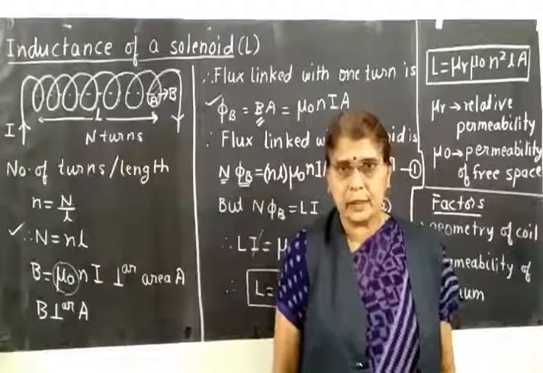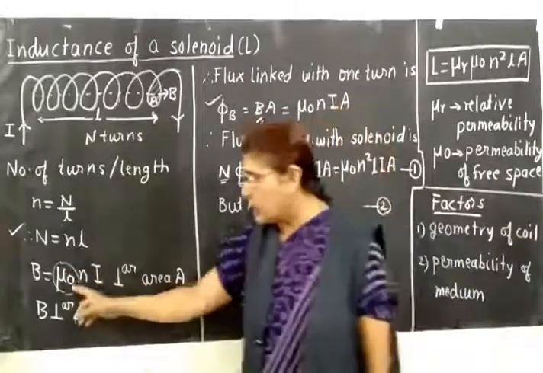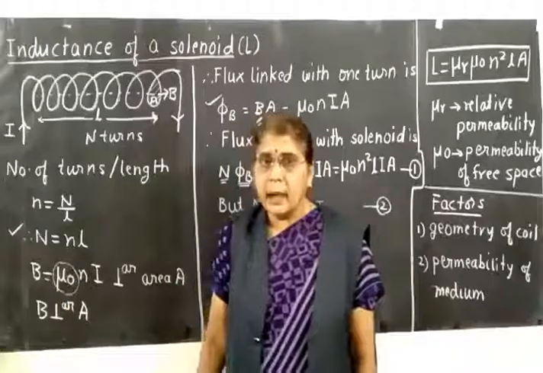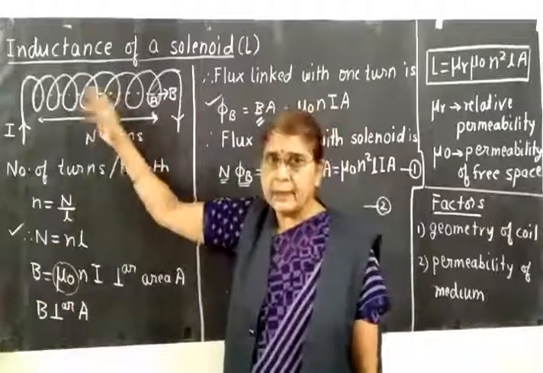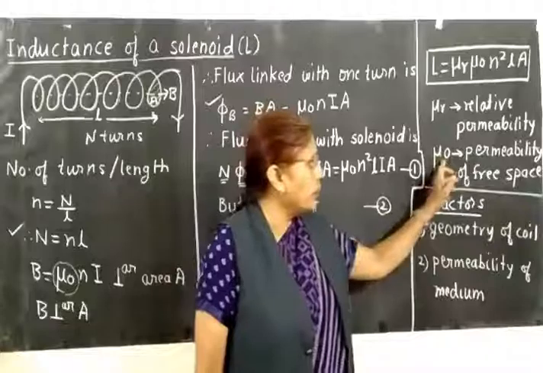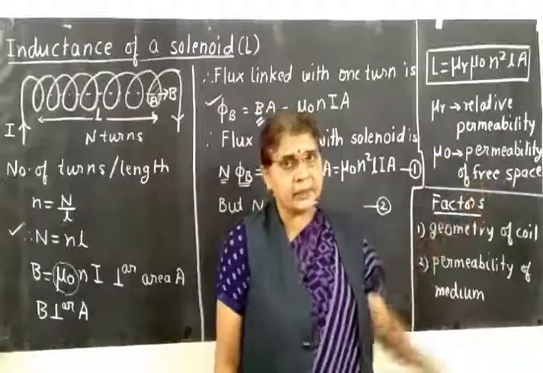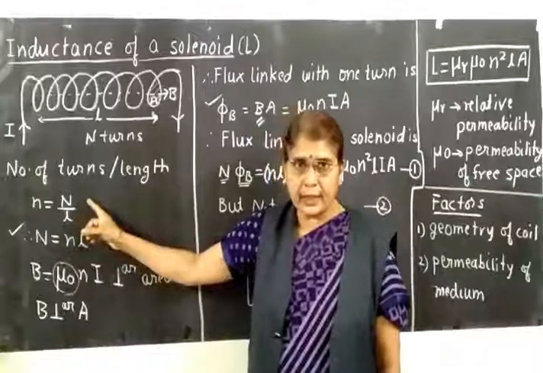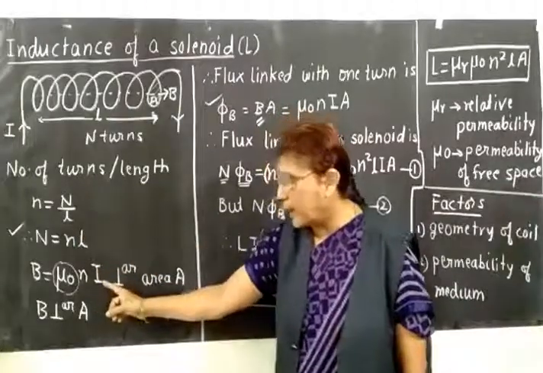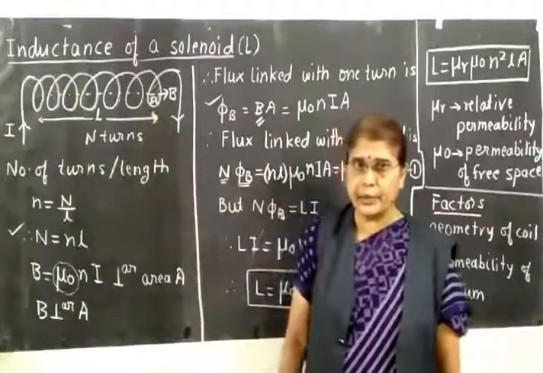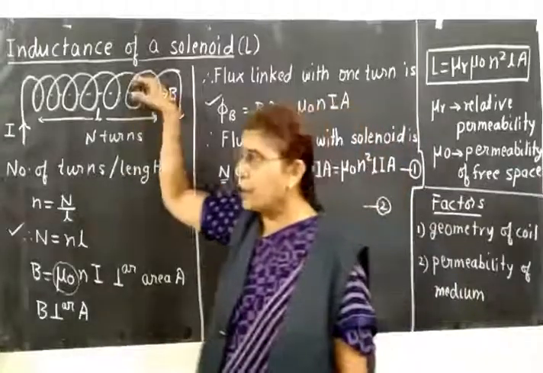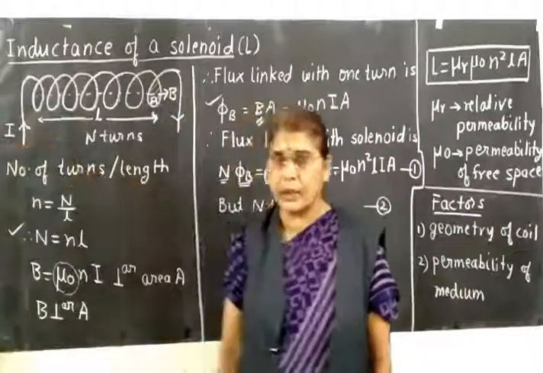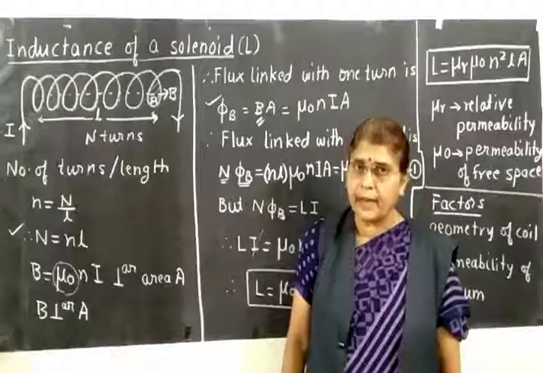What are the various terms in this equation? Mu 0 is nothing but the permeability of free space, that is air medium. Mu 0 is permeability of free space, constant. Then n is number of turns per unit length, and I is the current through the solenoid. So this is the magnetic field produced due to the current I in the solenoid. How does this magnetic field act?